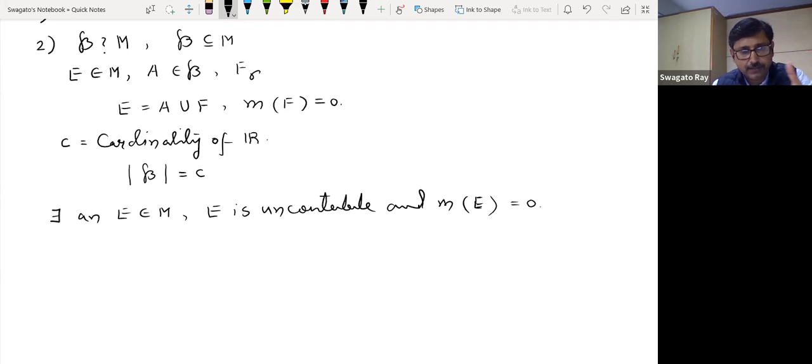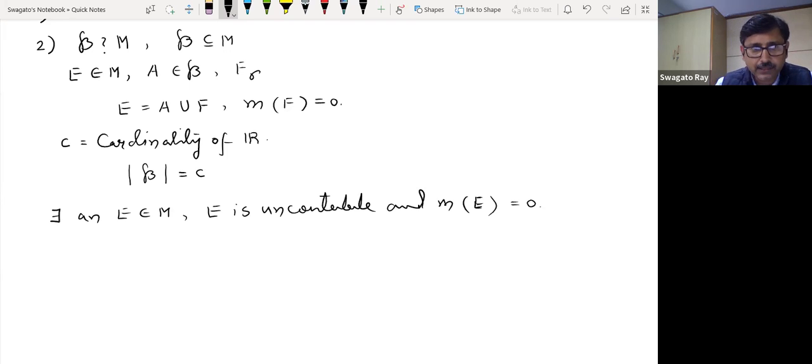Actually, this E, which one can construct, is the so-called Cantor's middle third set. This is actually a Borel set, but it has a huge number of subsets which have measure 0, and hence they are sitting inside the Lebesgue sigma algebra because the measure is complete.